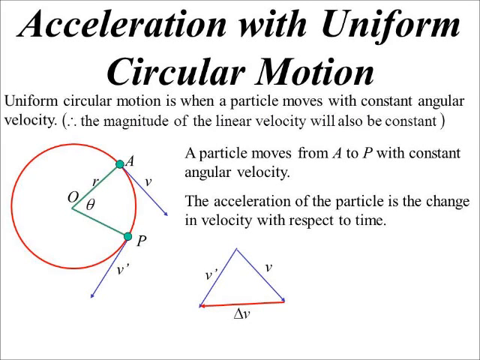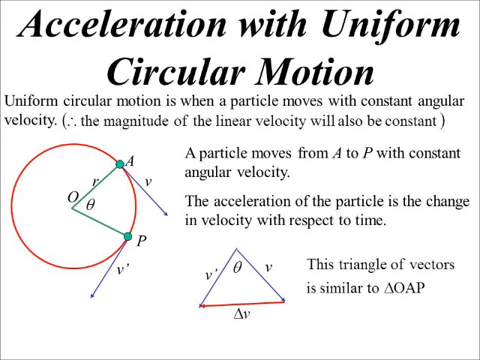Okay, let's look at that a bit more. Change in velocity. Well, we just said the magnitude is the same. So that angle there, theta, I could use a bit of geometry, because we know the radius is perpendicular to the tangent, and we can show that that angle actually is theta in that triangle. What's more, it must be an isosceles triangle, because the magnitude of those blue lines, the velocities, are the same. Therefore, it's going to be similar to triangle AOP, because it's also an isosceles triangle.